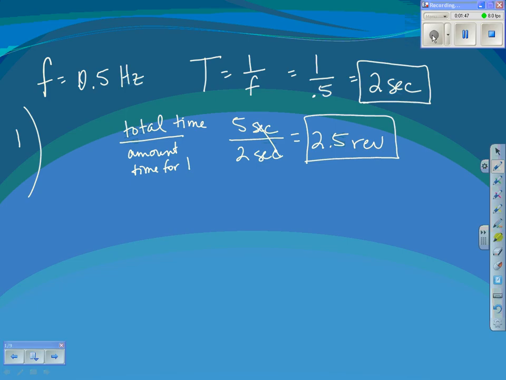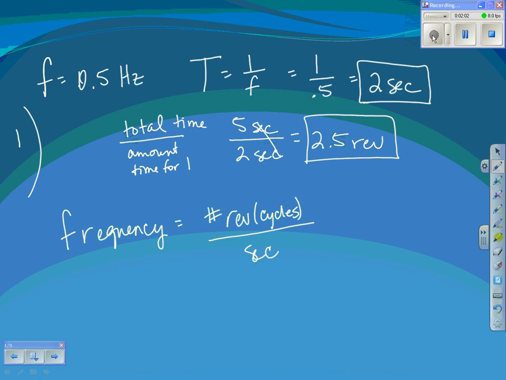So remember your definitions. Frequency is number of revolutions or cycles over seconds. So it typically has the units of hertz, or cycles per second or revolutions per second, but it has to be in seconds.